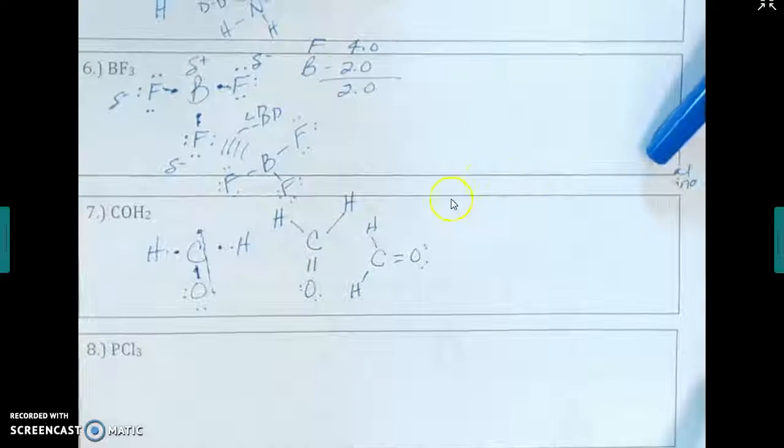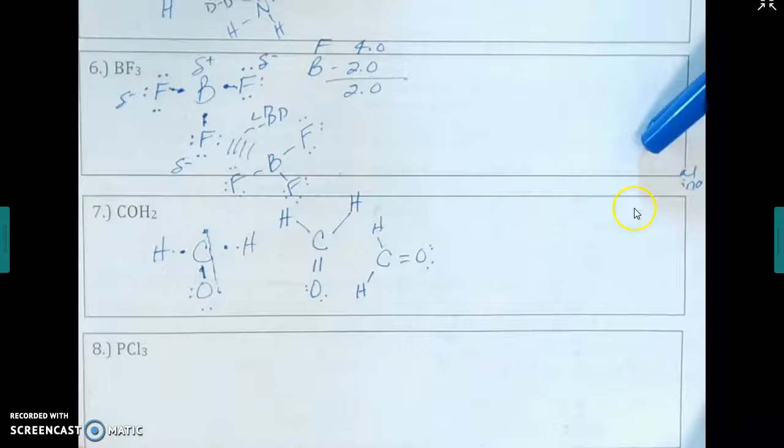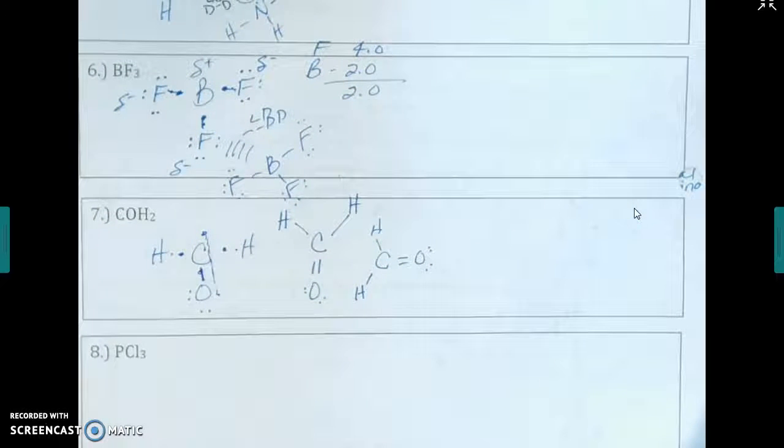Yes, ma'am. No, London dispersion is for nonpolar or polar. That's just the force, and it's the weakest force. Dipole is what shows us that we have a polar. All of these intermolecular forces do.